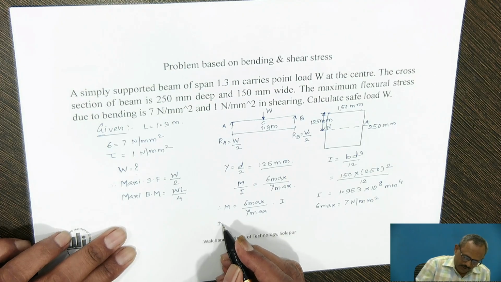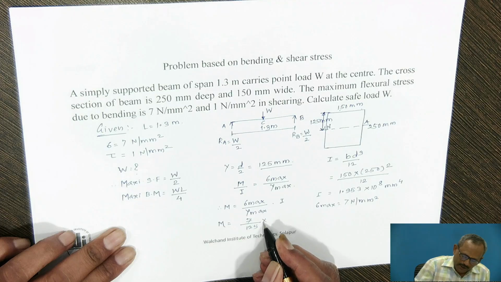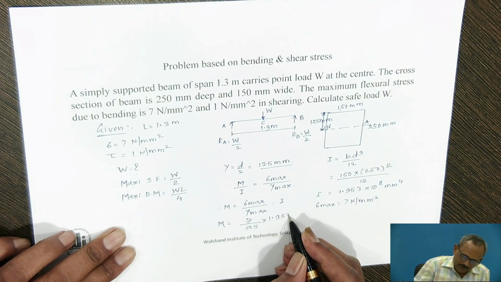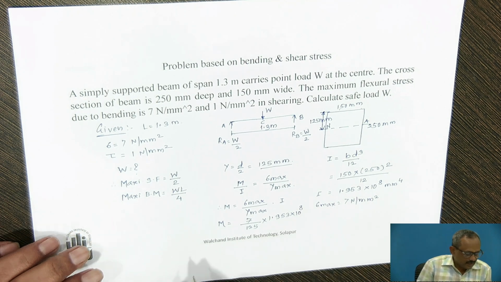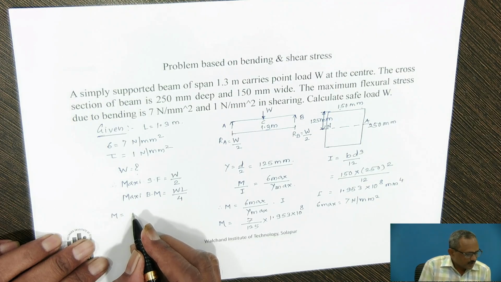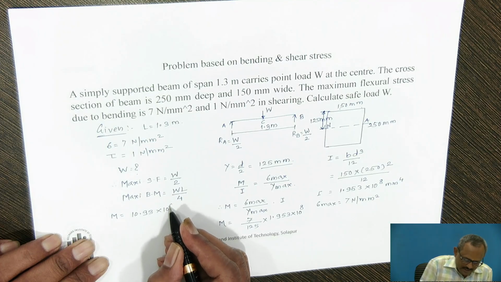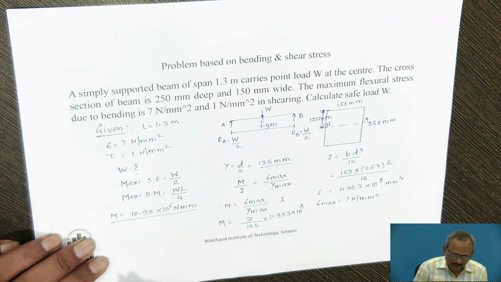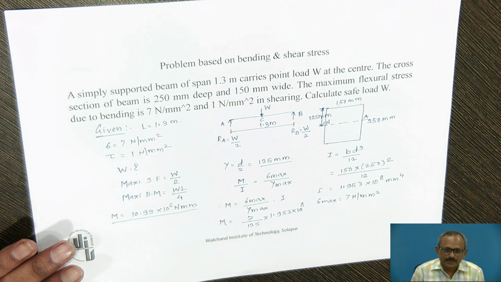Putting the values, 7 upon 125 into 1.953 into 10 raised to 8, we get maximum bending moment M equal to 10.93 into 10 raised to 6 Newton mm. So this is the maximum bending moment to which this beam is subjected.